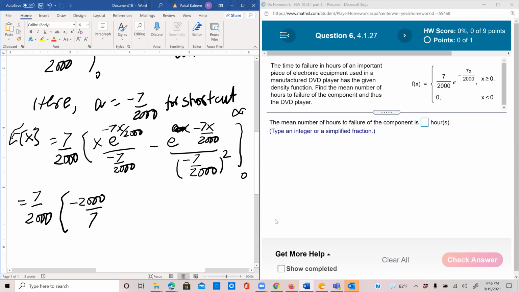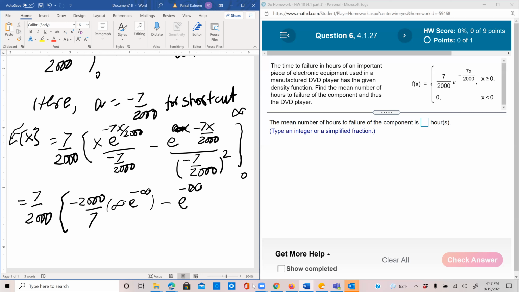The upper limit is infinity, so I have infinity times e to the negative infinity. And here, this negative is killed by the square, and I still have this negative of the formula. So negative e to the negative infinity.